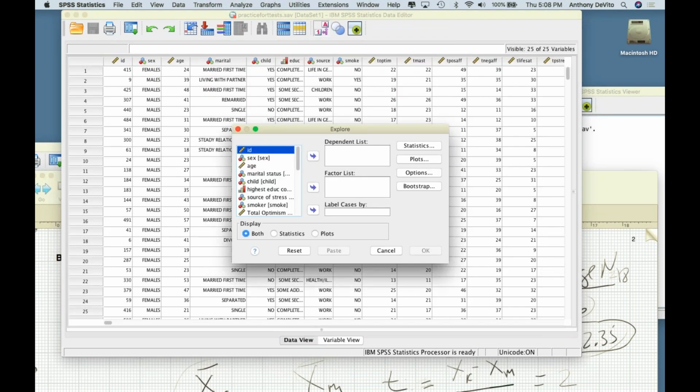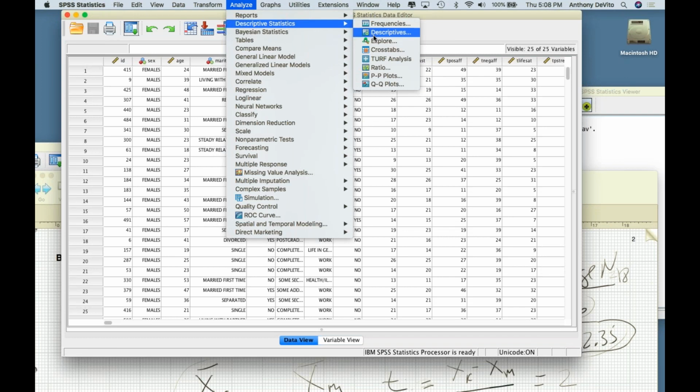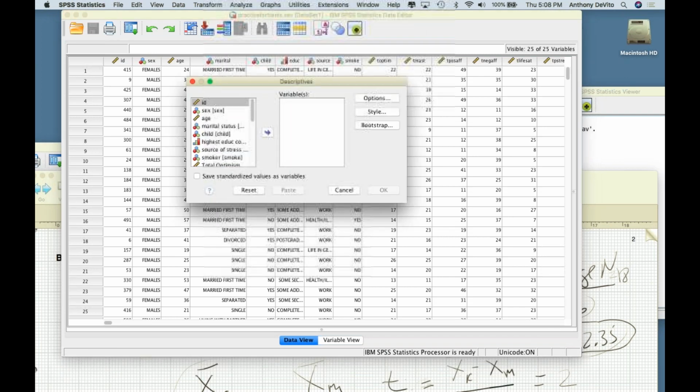The reason I'm going into Explore rather than just Descriptives is that if I go into Analyze, Descriptive Statistics, and Descriptives, I can only put in, for instance, if I'm interested in the mean age, the average age for everybody. There's no way for me to tell it to calculate it for males and females, right? Which is nice, but it's not what I'm after.